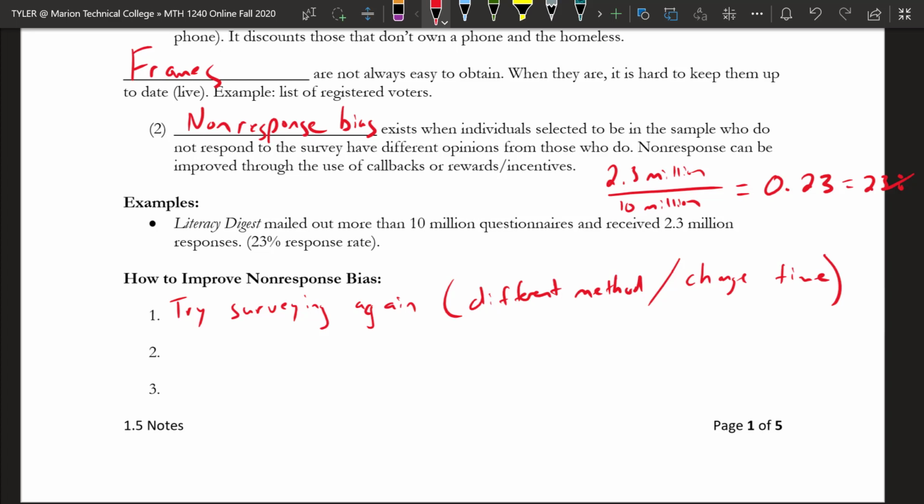So you kind of change it up, trying to gather more information, right? Also, changing your method and your time could just help you get a better pool of different kinds of individuals, right? So, for example, if we do email versus calling versus in person, some groups of people respond better to different things, right?